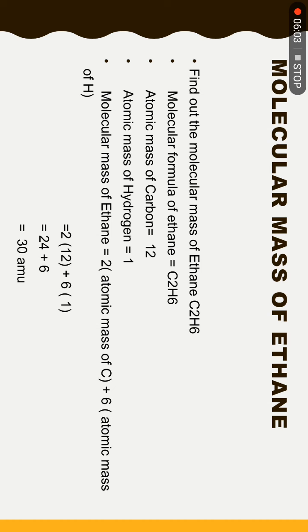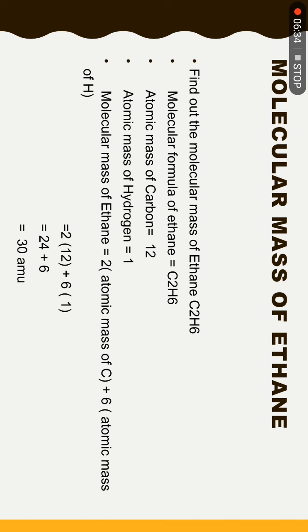For the molecular formula of ethane, we will have to know the atomic mass of carbon and the atomic mass of hydrogen. We know from the previous example that the atomic mass of carbon is 12 and the atomic mass of hydrogen is 1. For the molecular mass of ethane, we put the same formula, but now the values change, because in the previous formula there was 1 carbon, so we multiplied the atomic mass of carbon by 1.